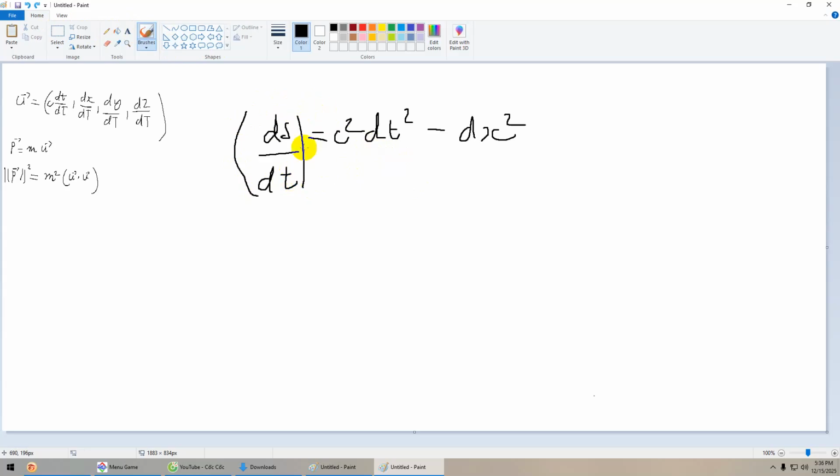Sorry, I forgot that this term is actually proper time. We can then make this proper time relation. So this is equal to proper time squared.